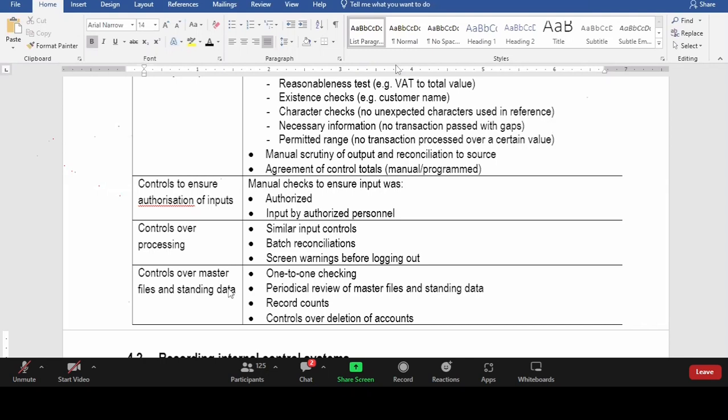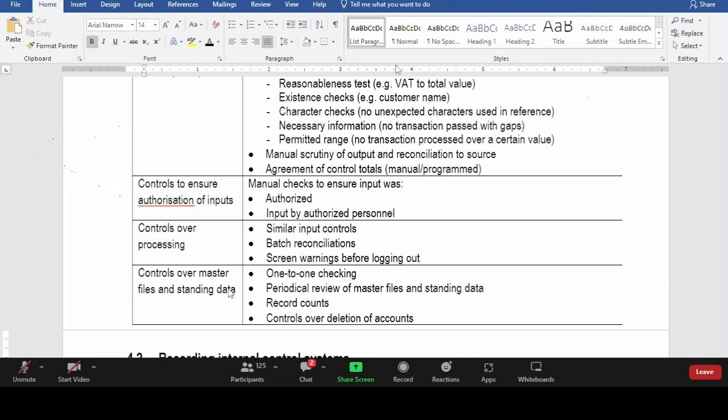Now, a payroll has standing data. That is information on workers' names, scale, allowances, etc. That is standing data, and that's a master file.